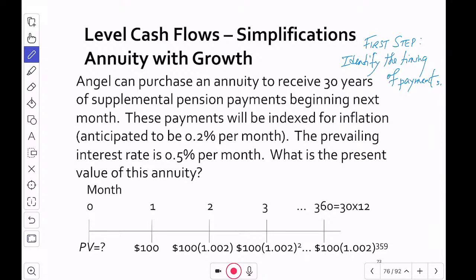So what's the timing of payments? Payments here are monthly. So payments are monthly. What it means is you need to convert all variables to the same timing.